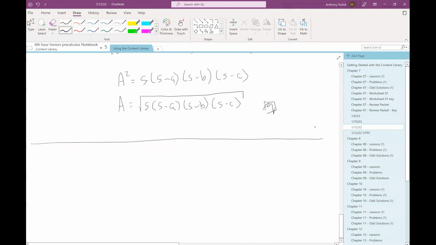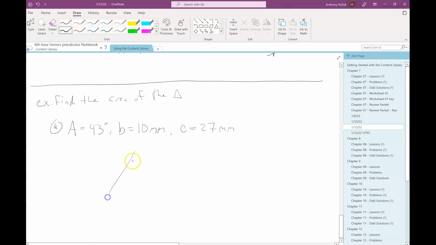All right, let's do a couple of quick examples, numeric examples, and then get out of here. So again, we're going to start the same way by drawing and labeling our triangle.